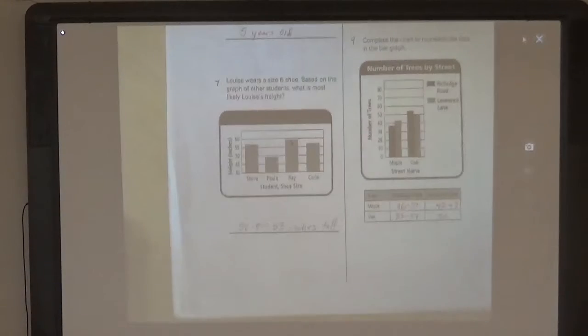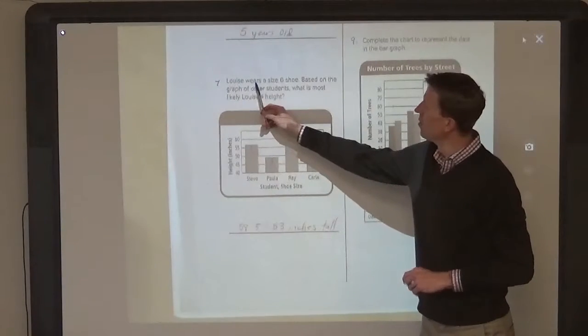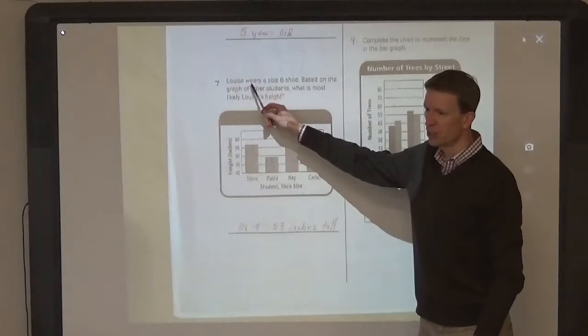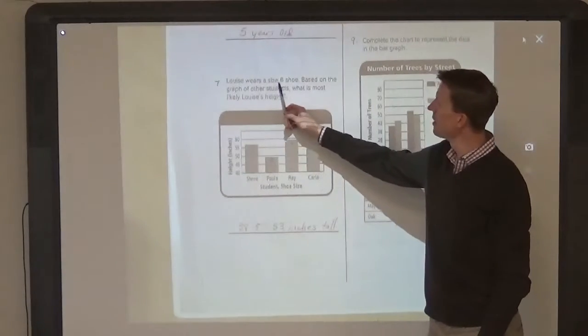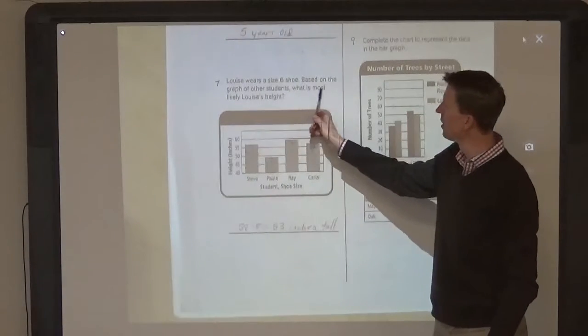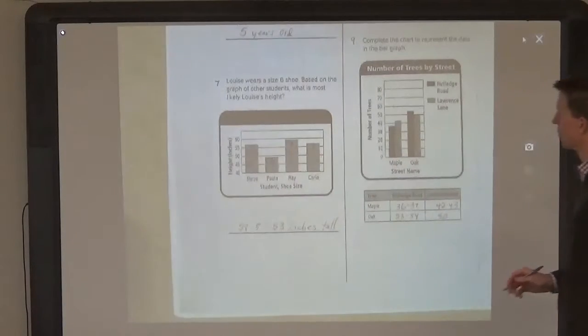Number 7. This is another one that challenges your thinking a little bit. Luis wears a size 6 shoe. Based on the graph of the other students, what is the most likely Luis's height?